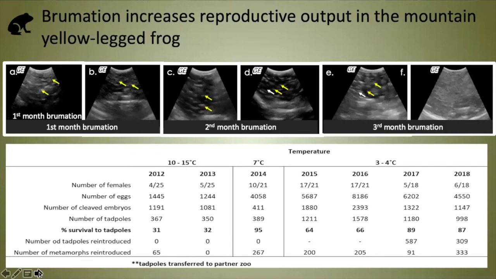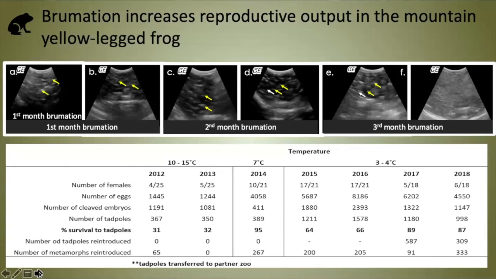And what we saw across the years was definitely an increase in the number of females that started laying eggs, an increase in the number of eggs per clutch, and an increase in survival to tadpole or hatching, and even through metamorphosis, as those brumation periods were brought down to temperatures more equivalent to what would be observed in the wild, for longer periods of time.